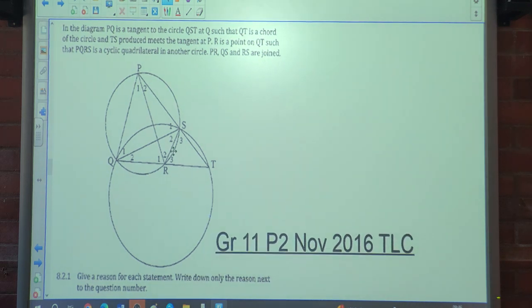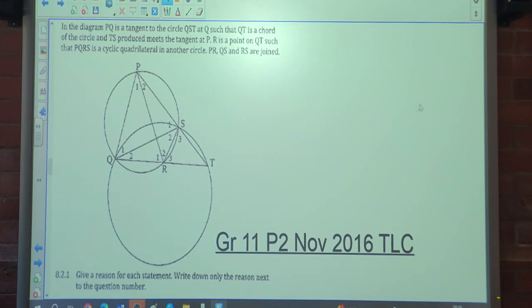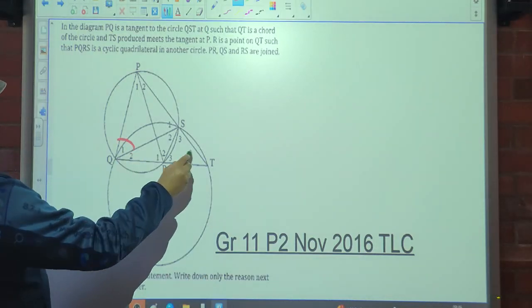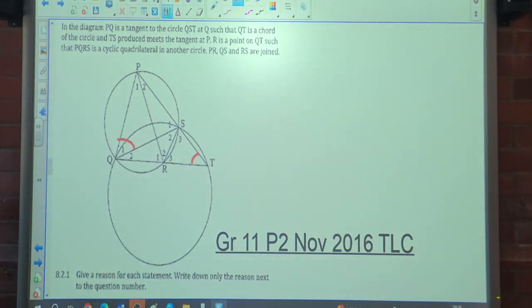We are told that in the diagram, PQ is a tangent to the circle QST at Q. People say this is a tangent, then Q1 has to be equal to T, tan chord theorem.